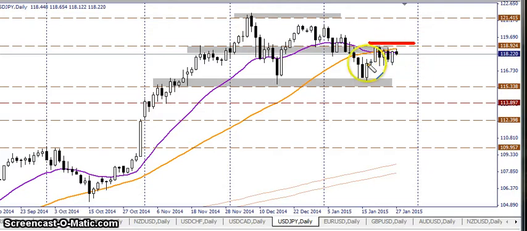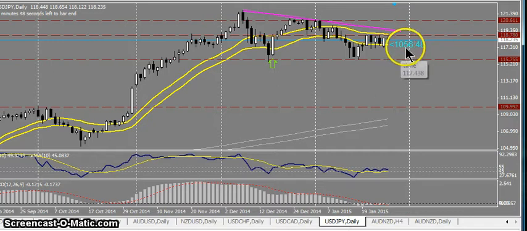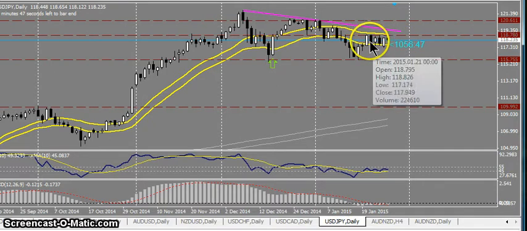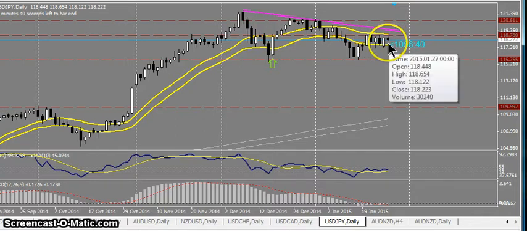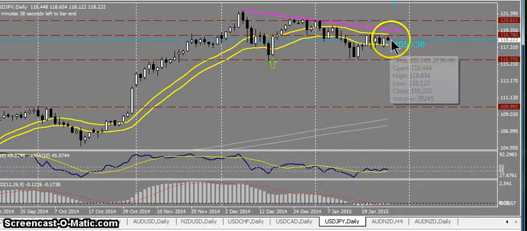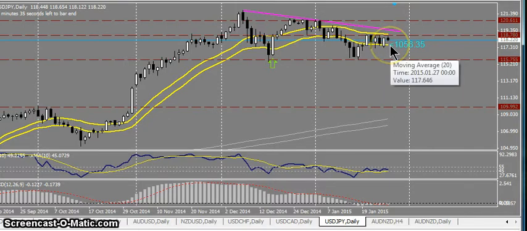However, I'm going to switch to one more chart for this currency pair. Okay, let's switch to the daily chart. You can see definitely price has gone up, gone down, gone up, gone down. Price looks like it could go down further from this point to the bottom yellow line again.